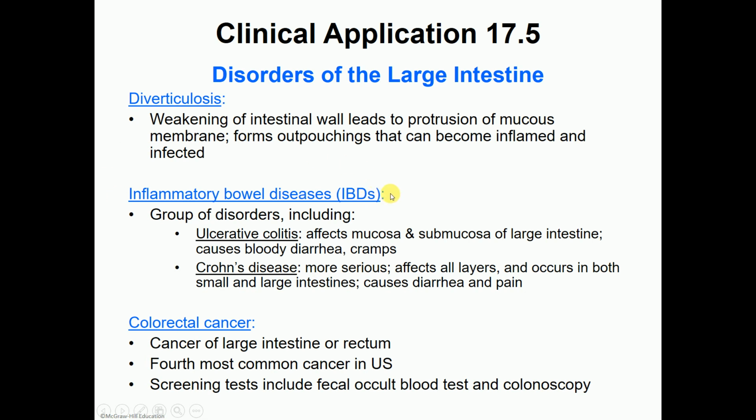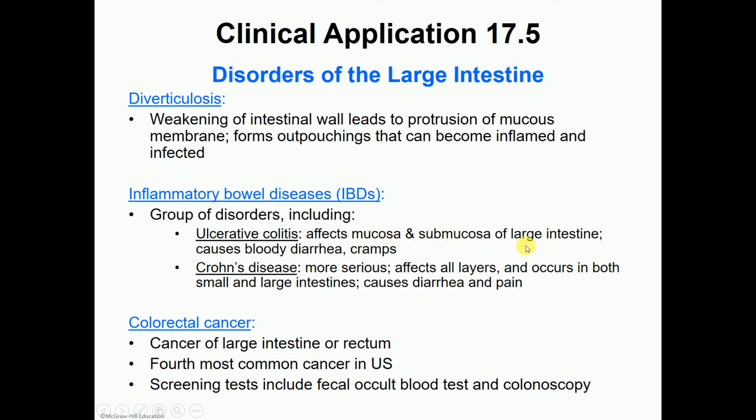Inflammatory bowel diseases, or IBDs, and you see here that it's plural because these are a group of disorders. Most common are ulcerative colitis and Crohn's disease. Ulcerative colitis is a disease of the large intestine. You can see from the name colitis that it remains in the colon, where it affects the mucosa and the submucosal layers only.